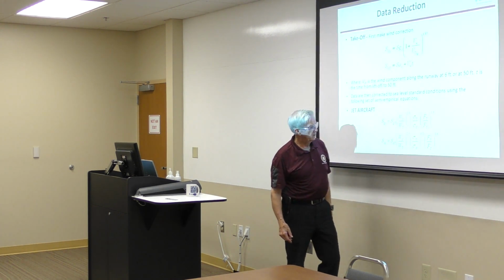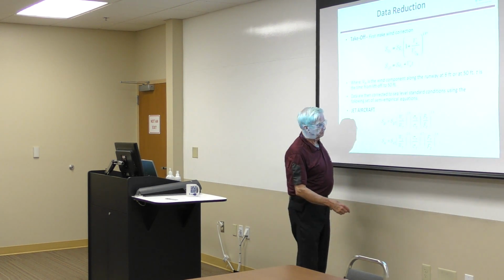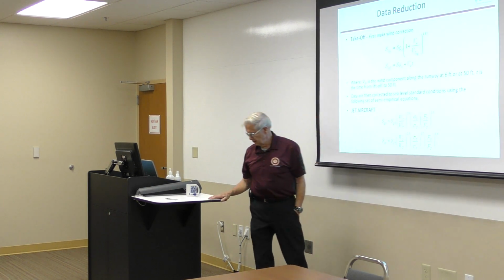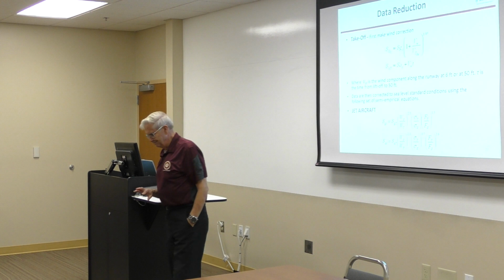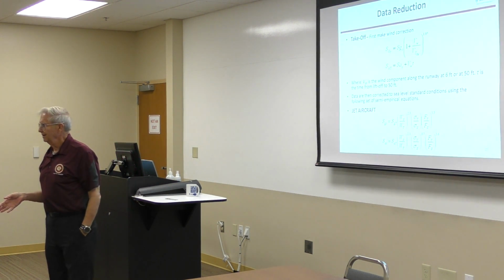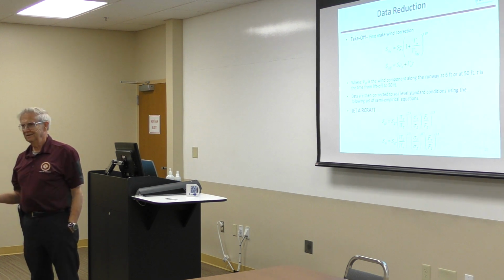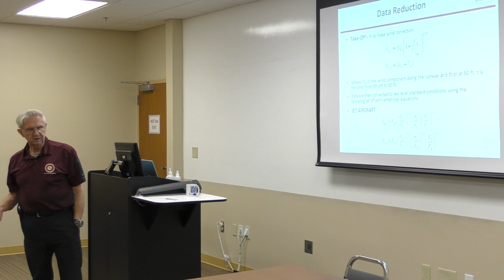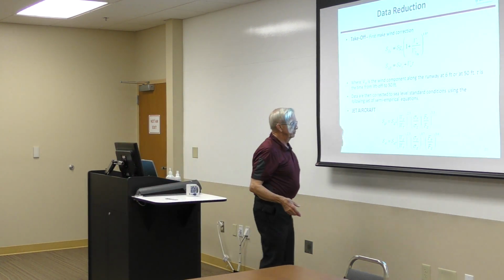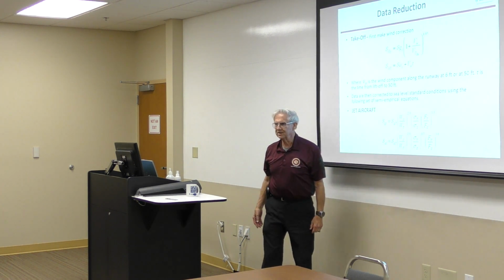Notice those powers that these things are raised to. And you say, wait a minute, why are they 1.6 or 2.3? Why wouldn't they just be squared or square roots or that sort of thing? Well, these equations were developed empirically from doing a lot of tests.